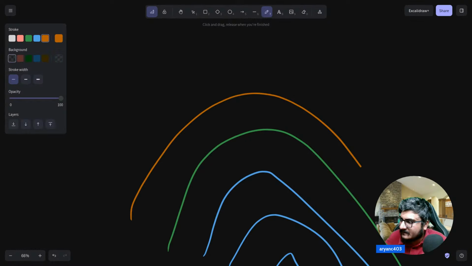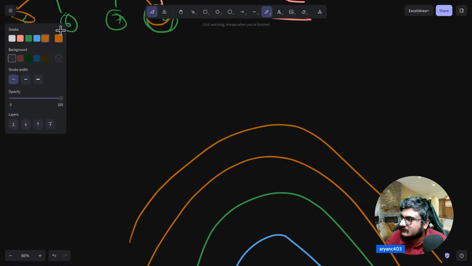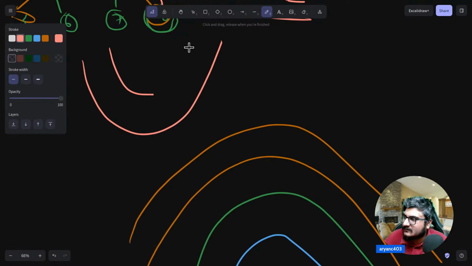Some more downward parabolas, and then some upward parabolas. This is how your ideal solution will look.